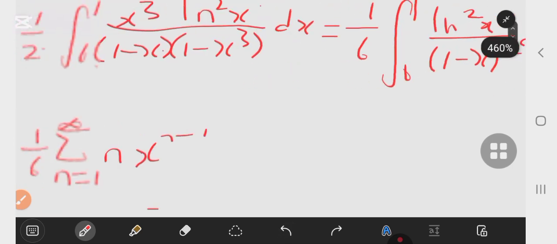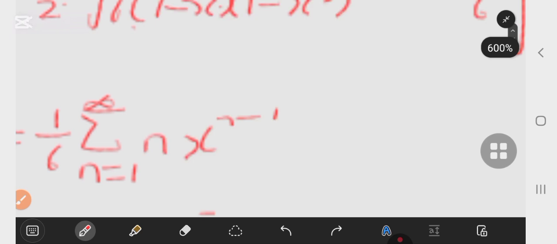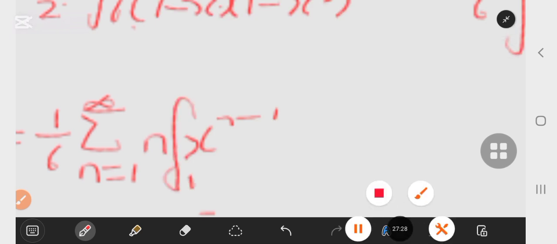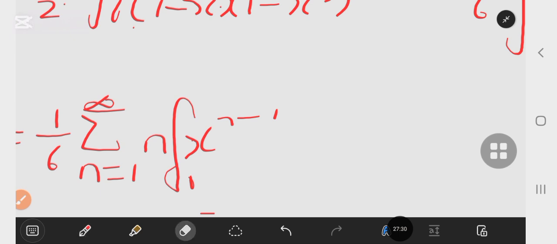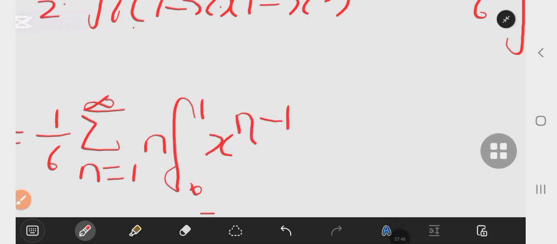The integral from 0 to 1 of x to the power of n minus 1 ln square x dx.